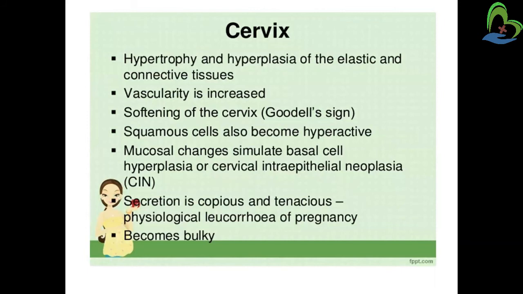Now the cervix. The cervix is hypertrophied, with hyperplasia of the elastic and connective tissues. The cervix cells are enlarged in size, and the number of cells in the cervix is doubled or increased, and the connective tissues present in the cervix are elastic in nature.